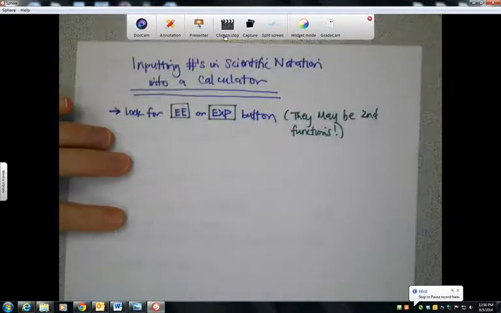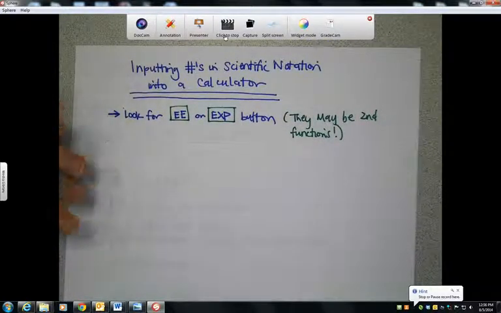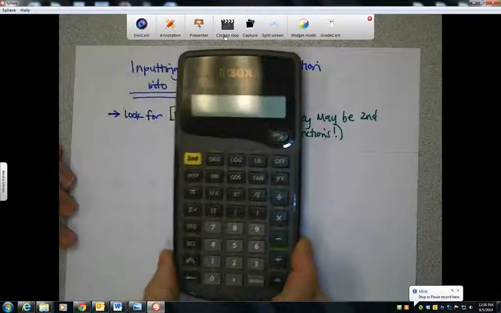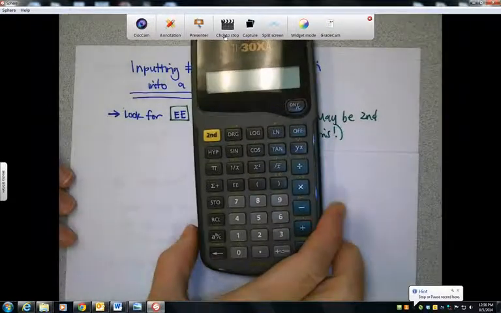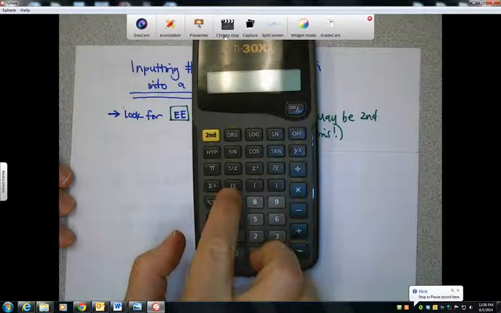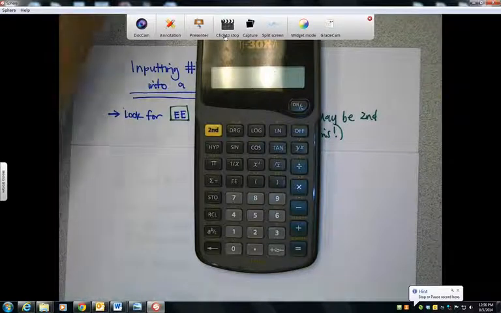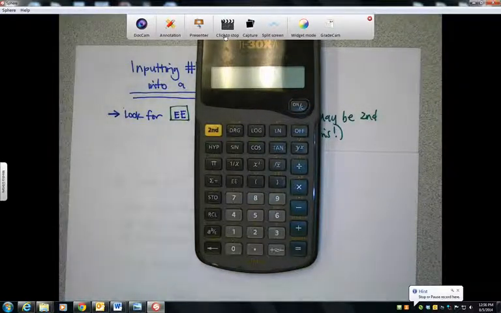Let's talk about how we would input a number that's in scientific notation into your calculator. There are a lot of different kinds of calculators. You want to make sure your calculator is a scientific calculator, and the button you want to look for is one that either says EE on it, or one that says EXP.